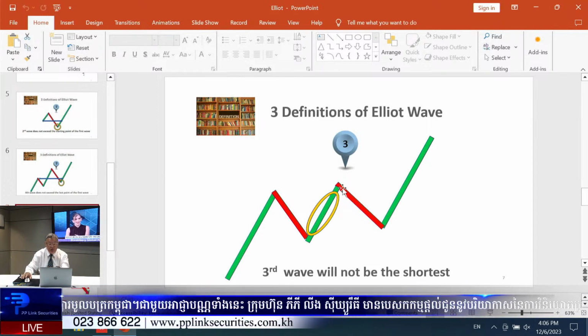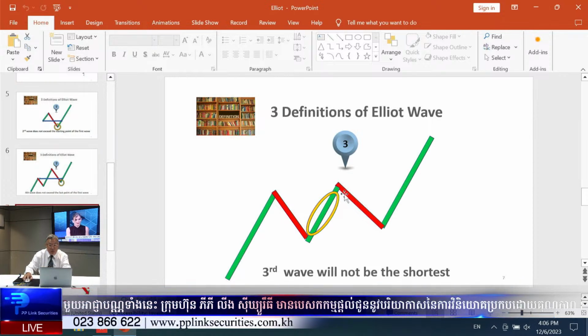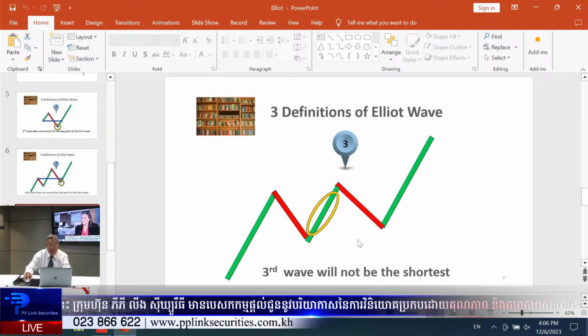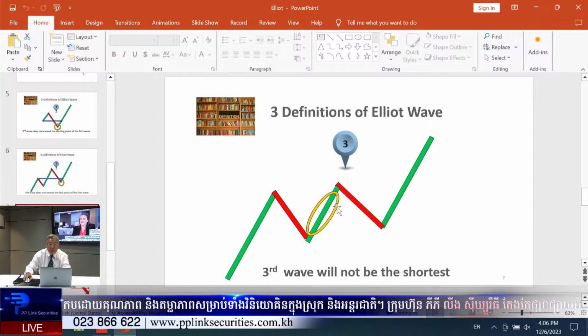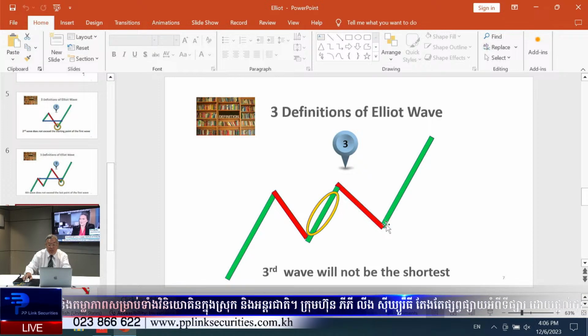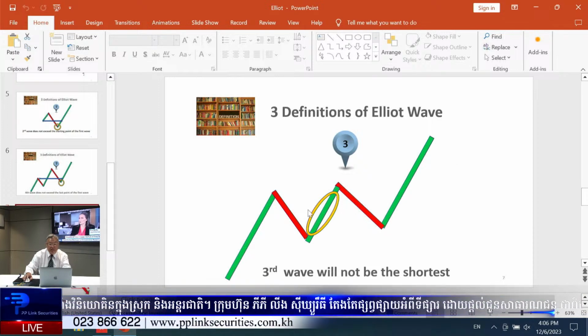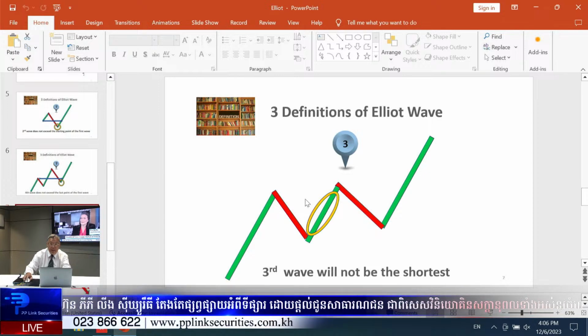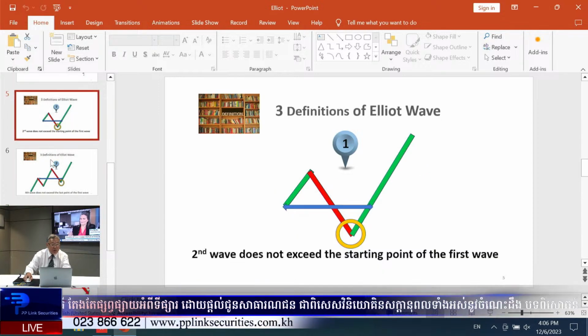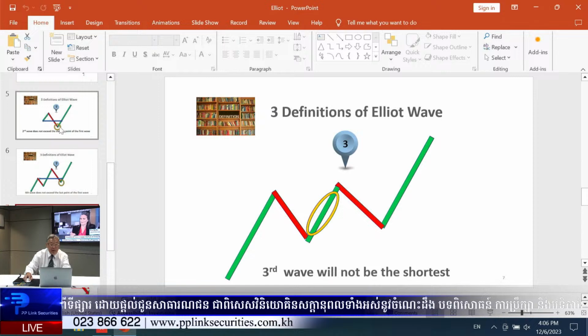But according to this small diagram, the third wave is short, right? Very short. The first wave is long, the second wave is short, and then the third wave is also short, and the fourth wave and fifth wave. So, this is not called a pattern of the Elliott wave. So these 3 definitions you have to memorize, okay?